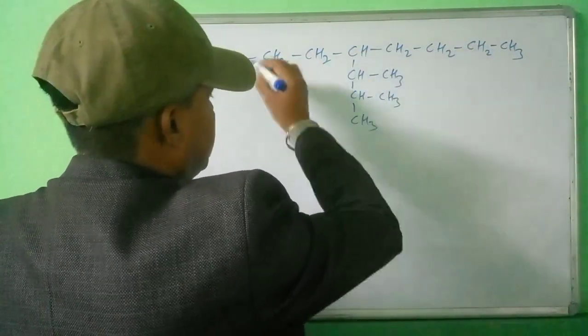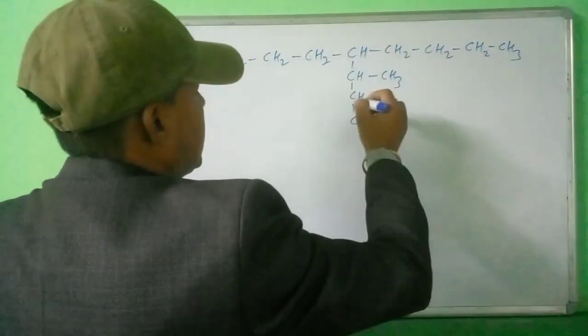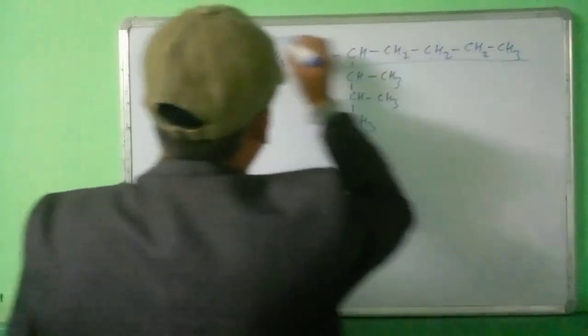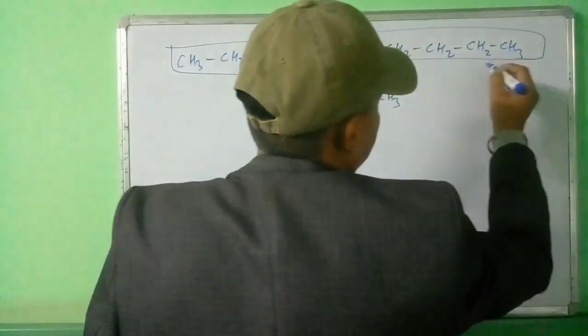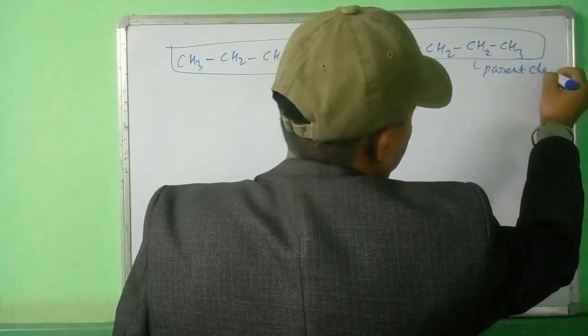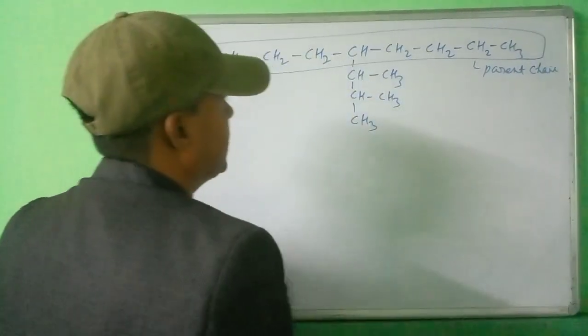But here the straight chain has 9 carbons, the bent shape only 8. So we select the straight chain. Okay, now this is the parent chain.